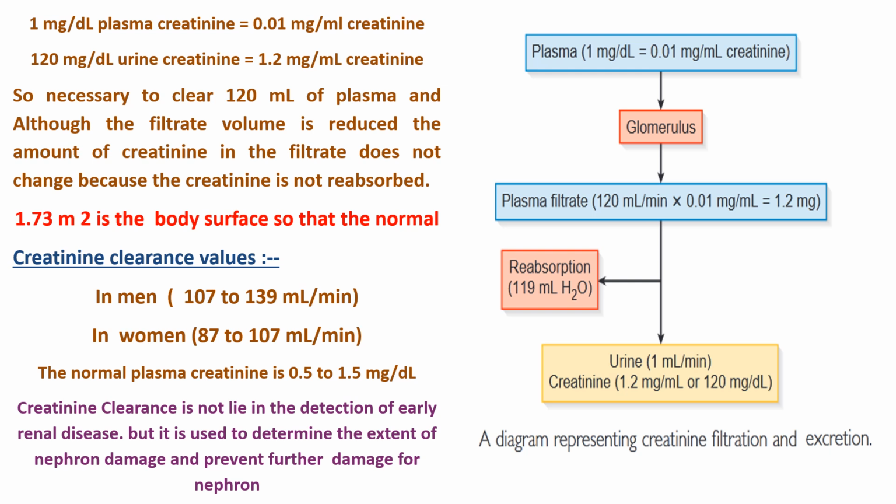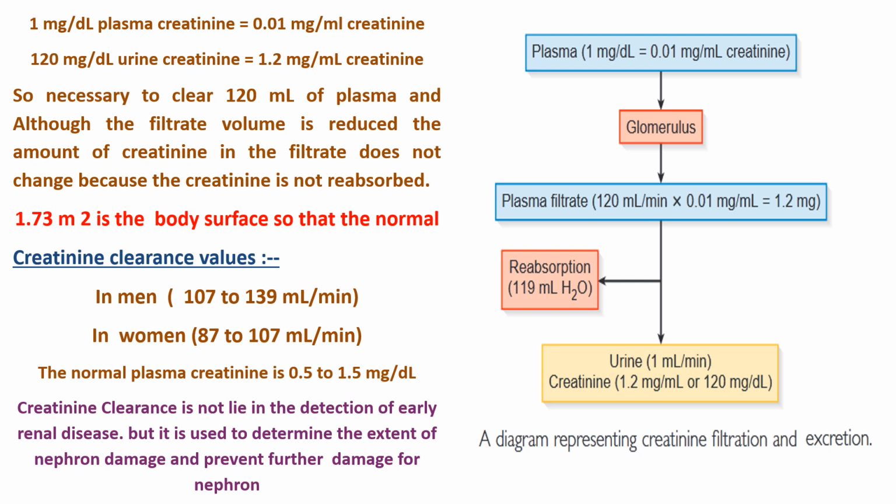As you see, this is a diagram. The plasma creatinine of 1 milligram per deciliter equals 0.01 milligram per ml. It comes to the glomerulus, then the filtration is 120 ml per minute, equal to 1.2 milligram.